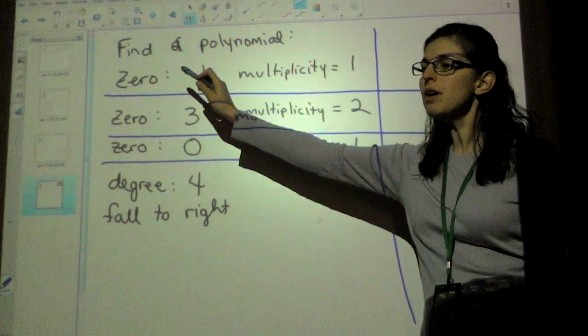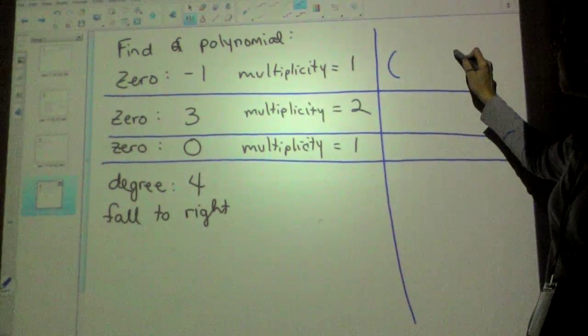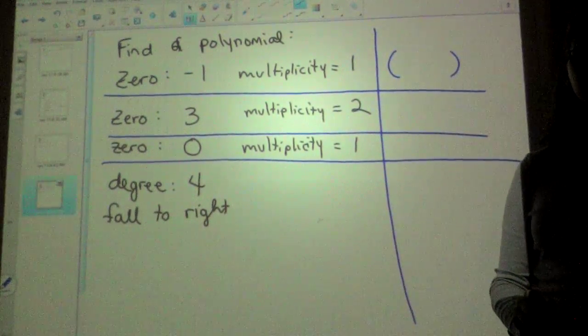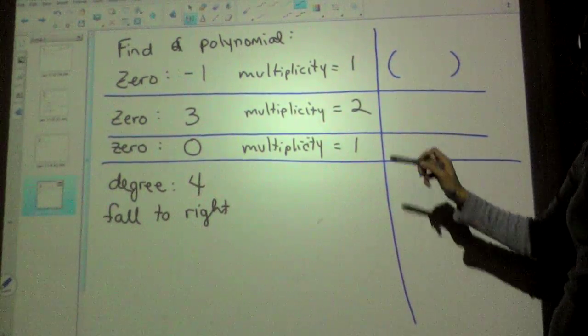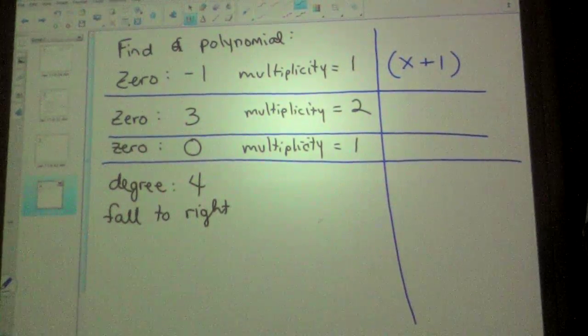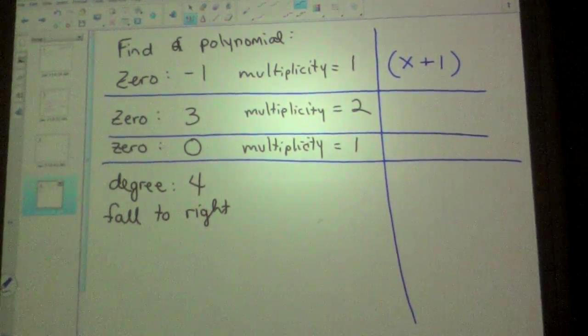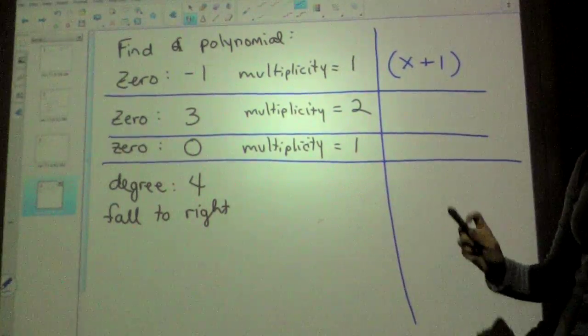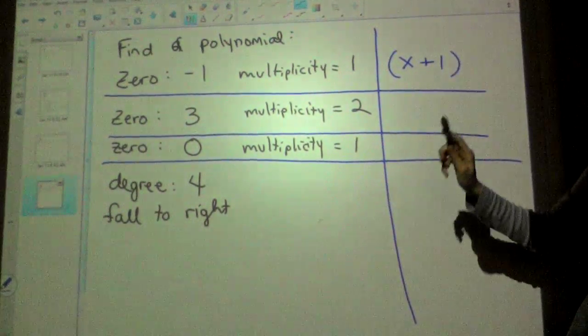So the 0 of -1, what's the factor that can come from? X plus 1. Very good. There's more than one right answer, but x plus 1 is probably the most basic one that everybody will come up with. Okay, we'll deal with multiplicity in a second. But the 0 of x equals -1 gives me x plus 1 as a factor.